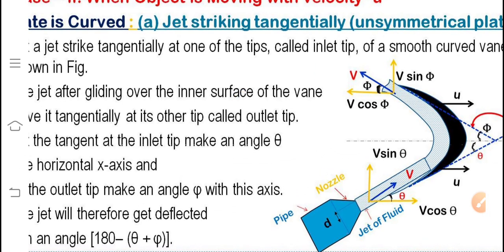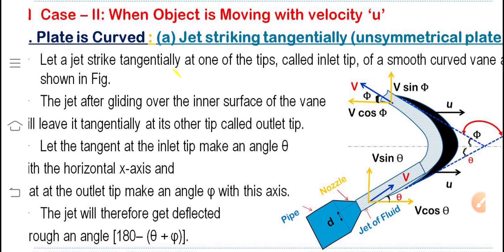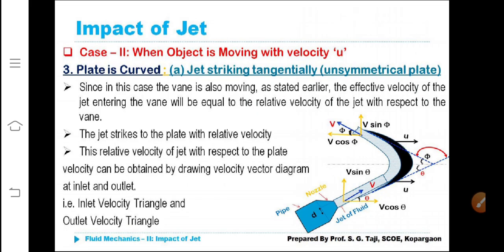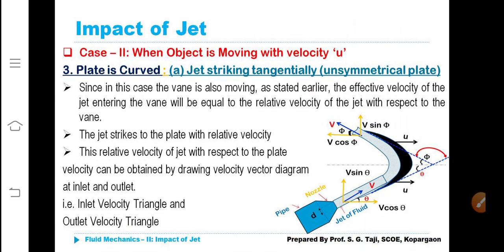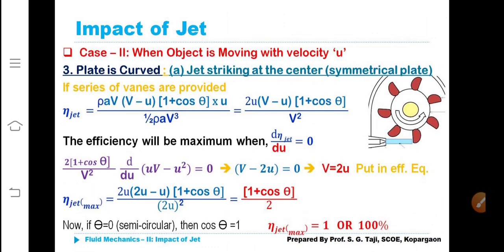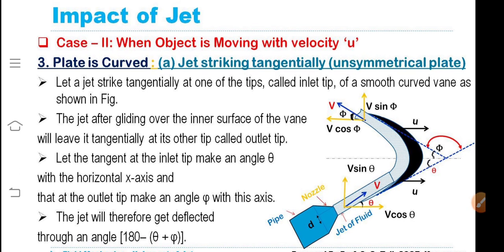If we understand the construction of inlet and outlet velocity triangles, it will be easy to understand for flat plate or curved plate, or in case of turbine, or even in case of centrifugal pumps, any type of turbines, especially to solve the numerical problems.